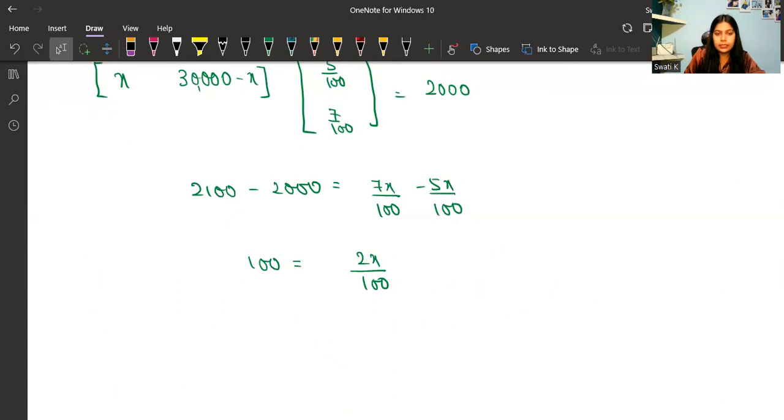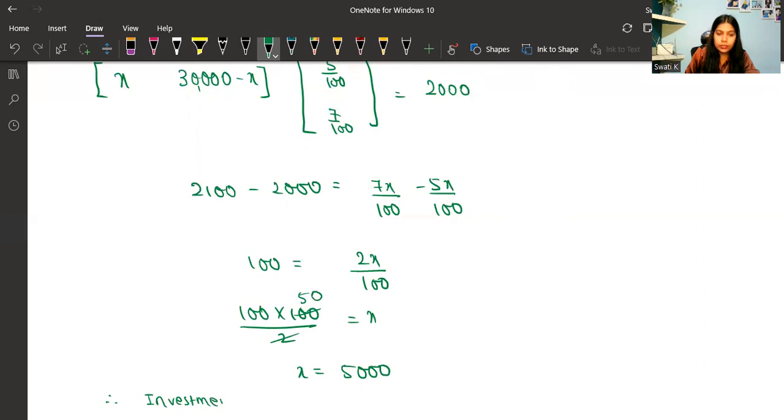Therefore x is going to be 100 times 100, and then upon 2. So it's simply going to be 5,000. So x is 5,000. That is the investment in the first bond in the second part of the question.